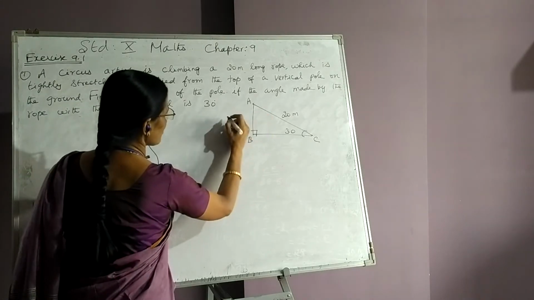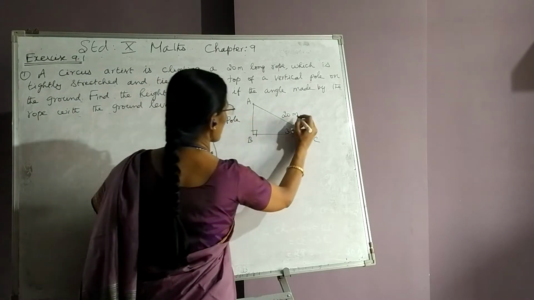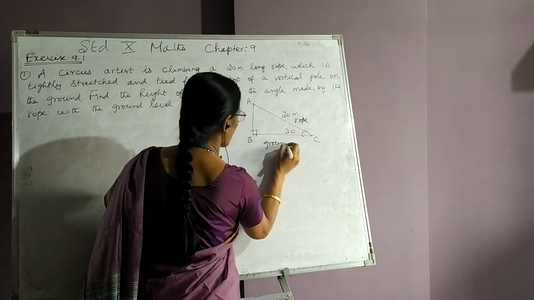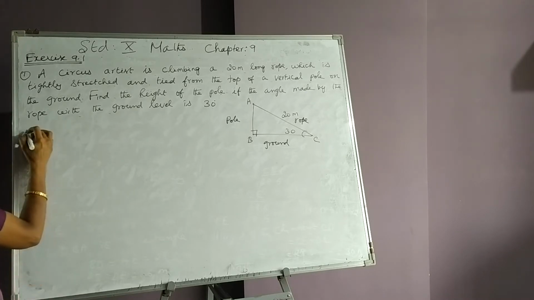So this AB represents the pole, AC is the rope and BC is the ground, right? We are given AC, and we are asked to find out AB. So let us write the statement.